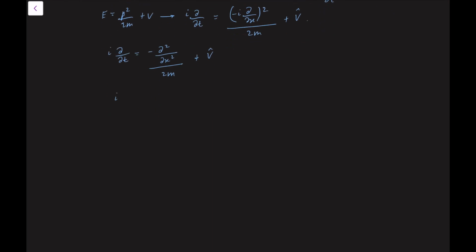Simplifying even further, we get i d by dt is equal to negative 1 over 2m d squared dx squared plus V hat.